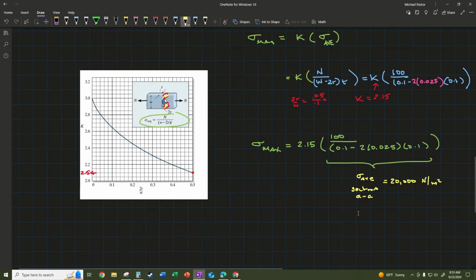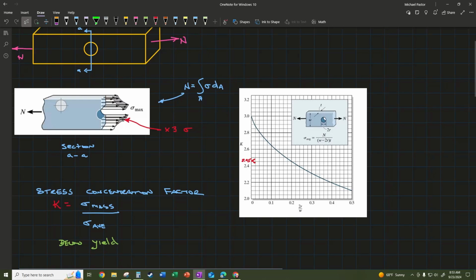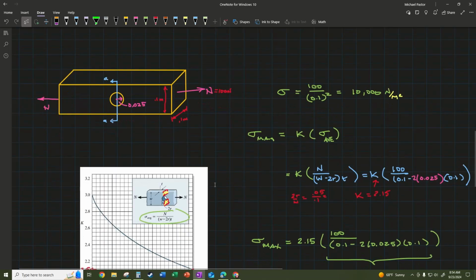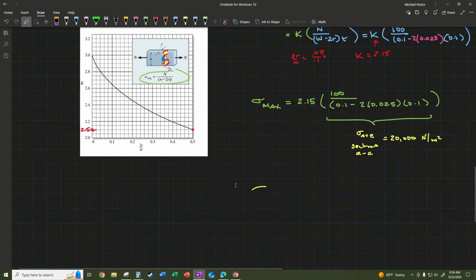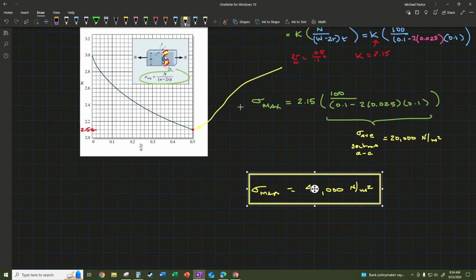But in addition to that, there is a stress concentration due to this very unusual distributed load, and the maximum value here ends up being, when we go and check out our K value here of 2.15, based on the size of our hole and the thickness, again, of our member, we end up with this stress level due to the concentration.